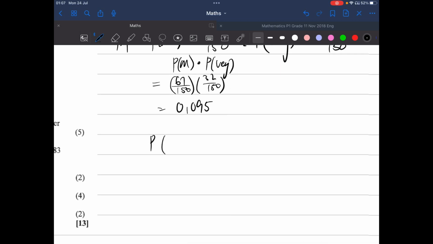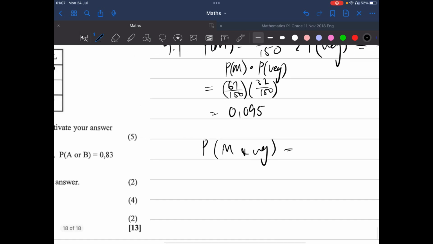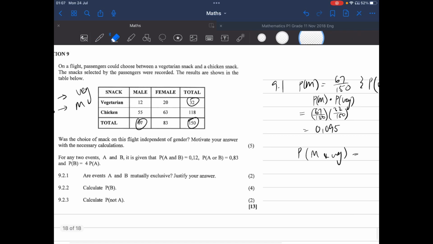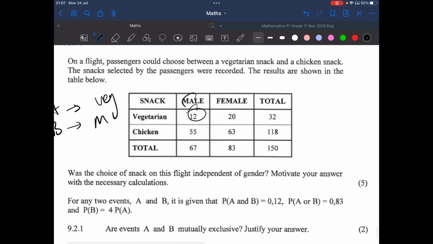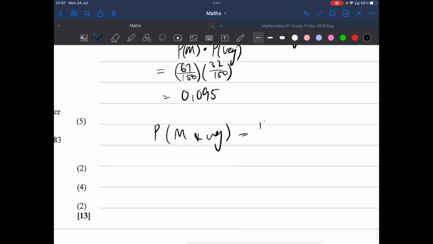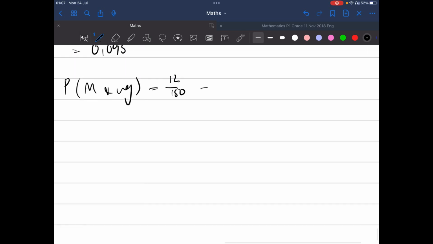And the probability of male and taking a vegetarian snack was 12 over 150, because these people were both male and took vegetarian snacks, and 12 over 150 is the same as 0.08.